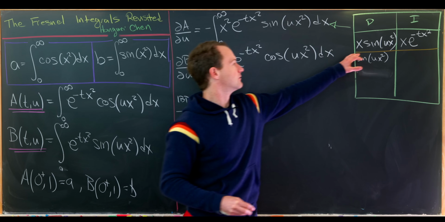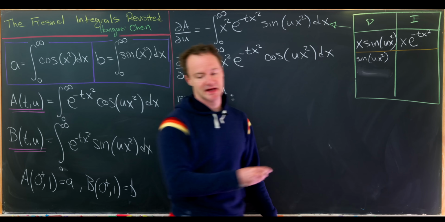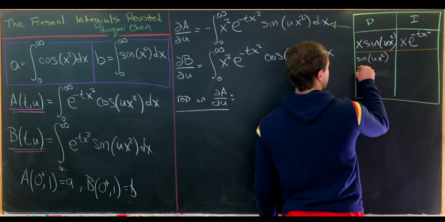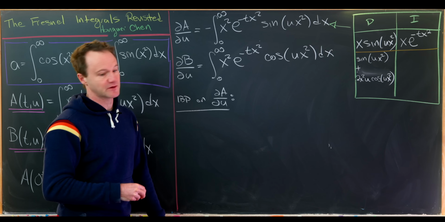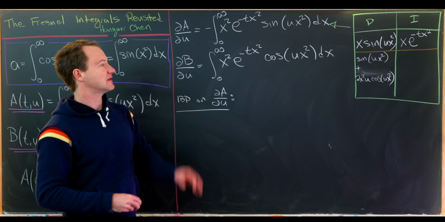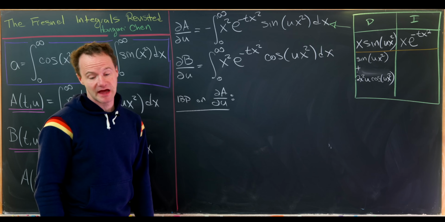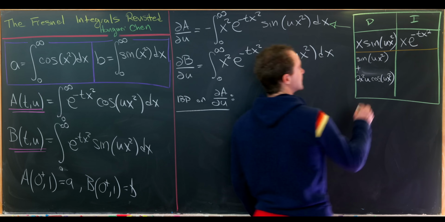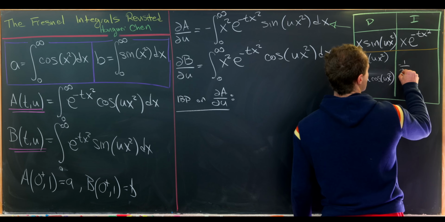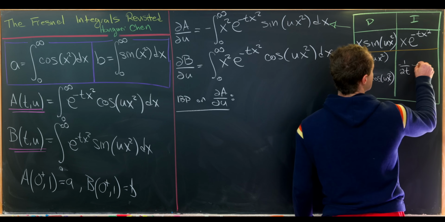And then taking the derivative of the sine portion with respect to x will give us plus 2x squared u times cosine of ux squared. Okay, so anyway, that's what we get for this derivative. Then taking the antiderivative down that right column will give us minus 1 over 2t e to the minus tx squared. Okay, so that sets up our integration by parts, and now we'll do our matching.